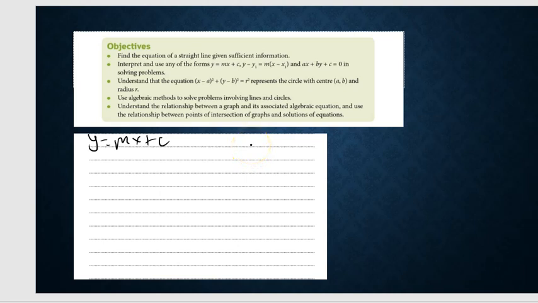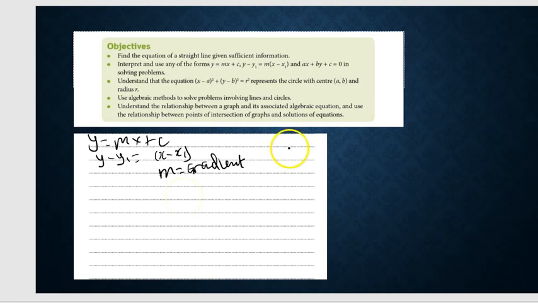And then we can as well use the equation in which only one point is given. We can have y minus y1 equals m times x minus x1, where m represents the gradient of the line. So all this concept is what we are going to look at in this particular topic.